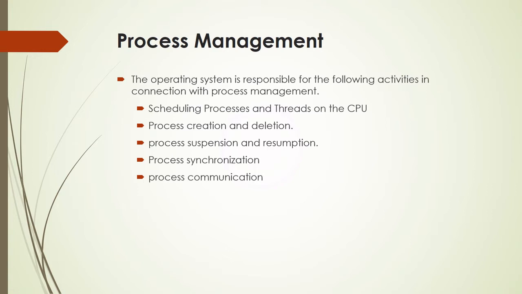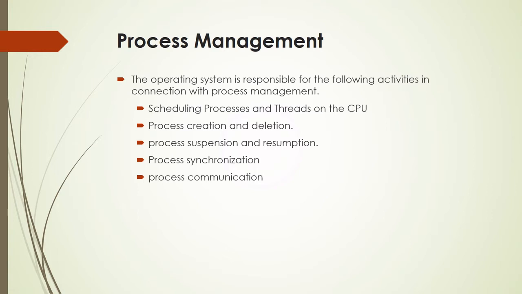So they check the routine and accordingly they go to the class. Maybe first period, first teacher, second period, second teacher. In a similar way, for any resource, whether that be memory or CPU, as there are multiple processes running in the system, there must be some form of synchronization between the processes so that the resources, in this case maybe CPU or memory, are utilized in an efficient manner.